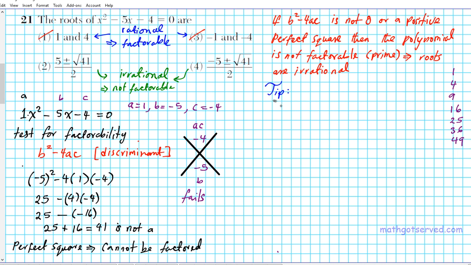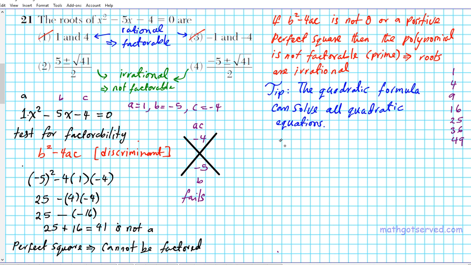Something to keep in mind is that the quadratic formula can solve all quadratic equations. Isn't that something special? This is special because it tells us that the quadratic formula never fails. As we can see here, the factorization method fails, but the quadratic formula never fails.